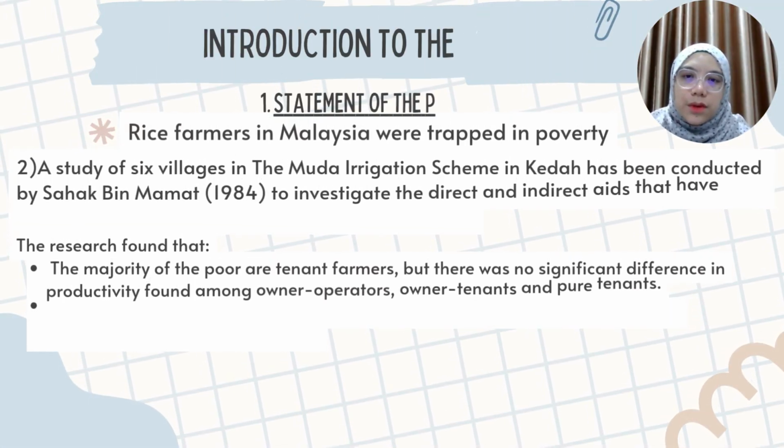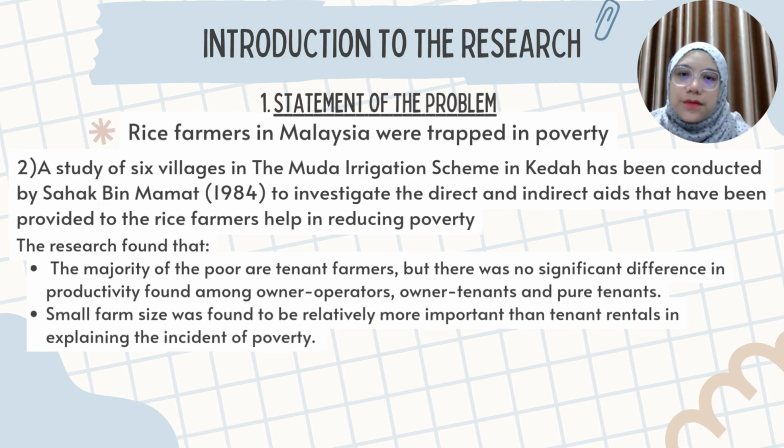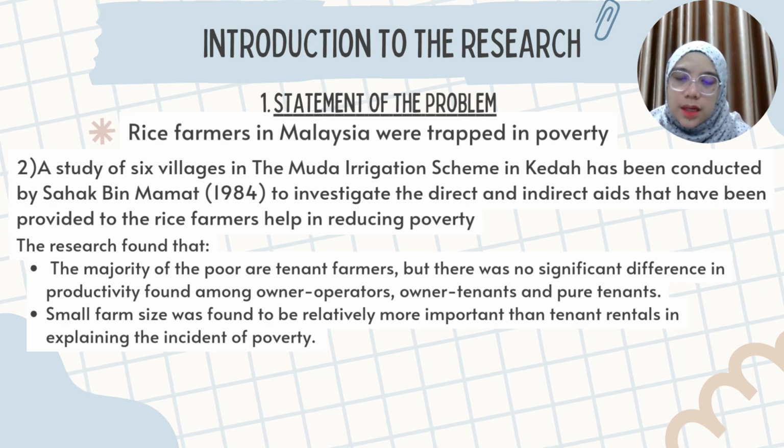Another clarification for the statement of the problem, that rice farmers in Malaysia are trapped in poverty, is from the study by Sahab bin Mahmad in 1984. He conducted research in the Muda irrigation scheme in Kedah to investigate whether the direct and indirect aids provided to rice farmers helped in reducing poverty. The research found that the majority of the poor are tenant farmers, but there was no significant difference in productivity among owner-operators, owner-tenants, and pure tenants.